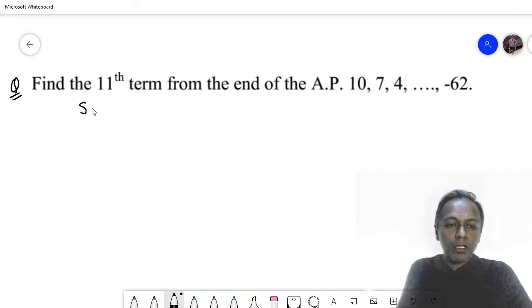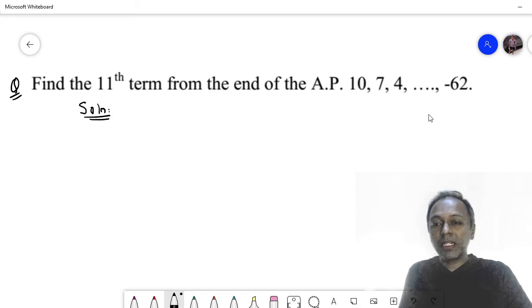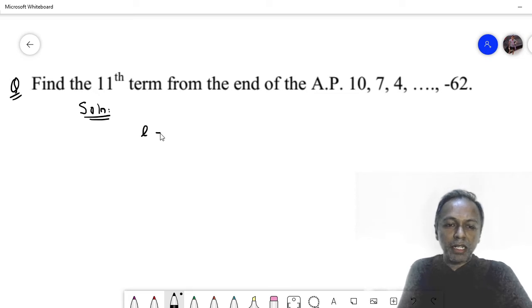So here, if you are asked a problem to get the 11th term from the end, it would become very difficult to check manually. Also, getting an answer such a way is not the best way to present it in examination. Because they have already said it's an AP, we don't have to check and verify that. We can directly write the last term is minus 62.